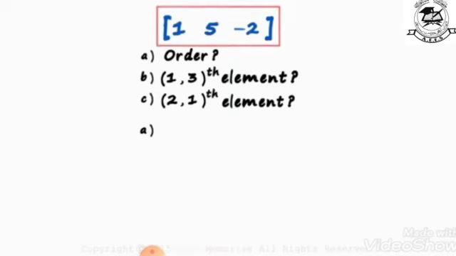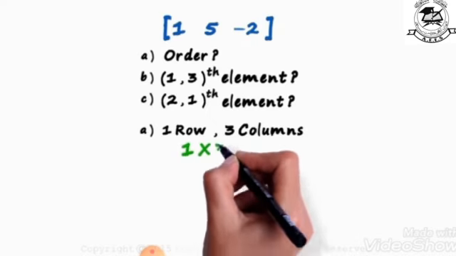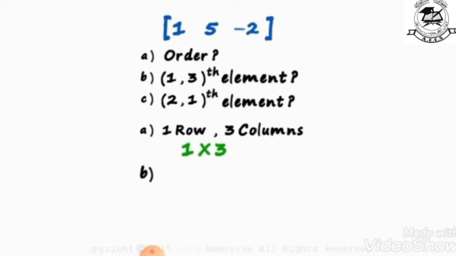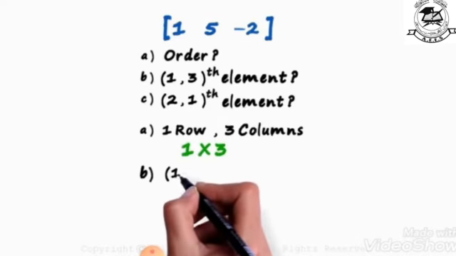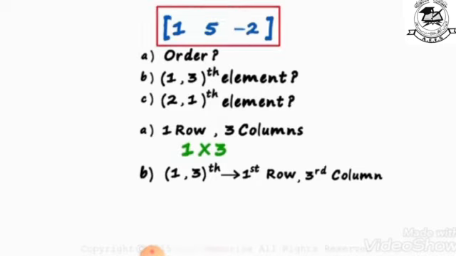This matrix A has 1 row and 3 columns. In order, first we write row, then column. The order of matrix is 1 by 3. B. 1/3 element means first row and 3rd column. The element in first row and 3rd column is -2.